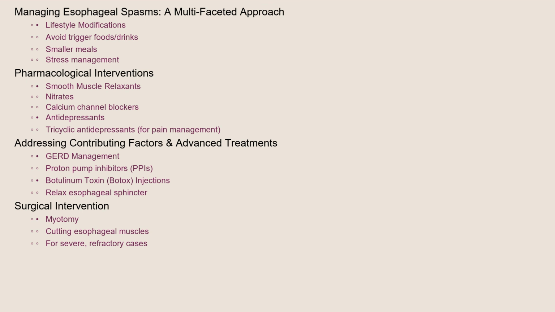If GERD is a contributing factor, medications to reduce stomach acid production, like proton pump inhibitors, may be recommended. In rare cases, surgical interventions, such as myotomy, where the esophageal muscles are cut to relieve pressure, may be considered for severe and refractory cases. Botulinum toxin, or Botox, injections into the esophageal sphincter can also provide temporary relief by relaxing the muscles.